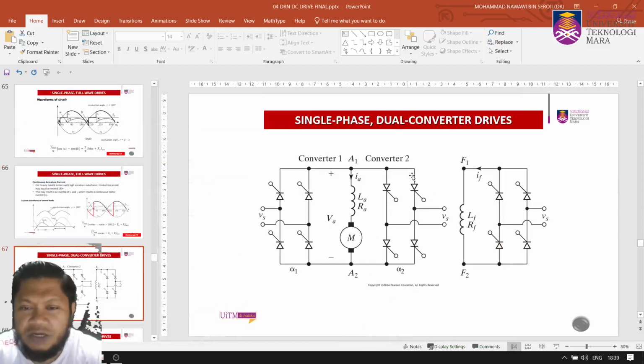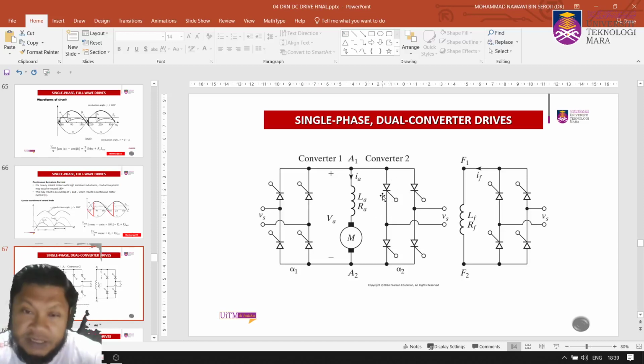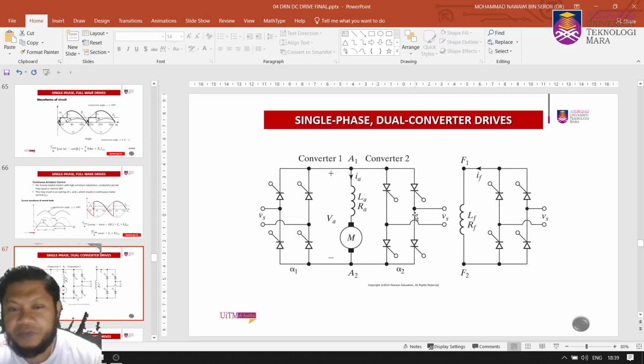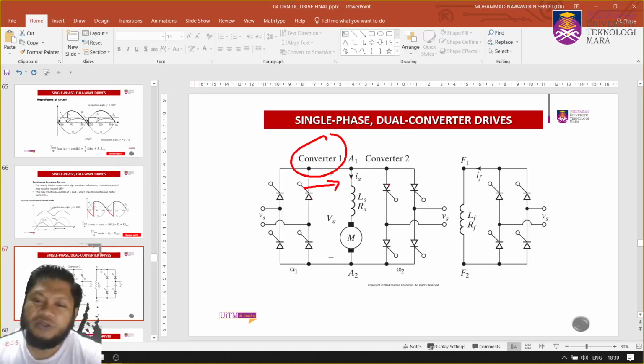Converter 1 and converter 2, but converter 2 is now inverse parallel, connected in anti-phase, so the thyristors have a different direction. Converter 1 will operate when the current flows in one direction, but converter 2 will operate in the other direction.